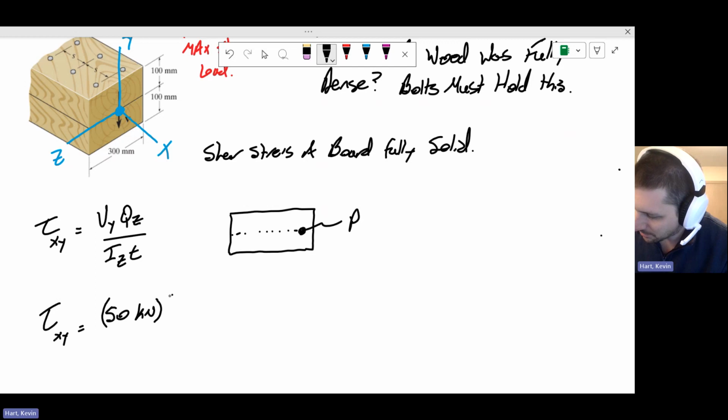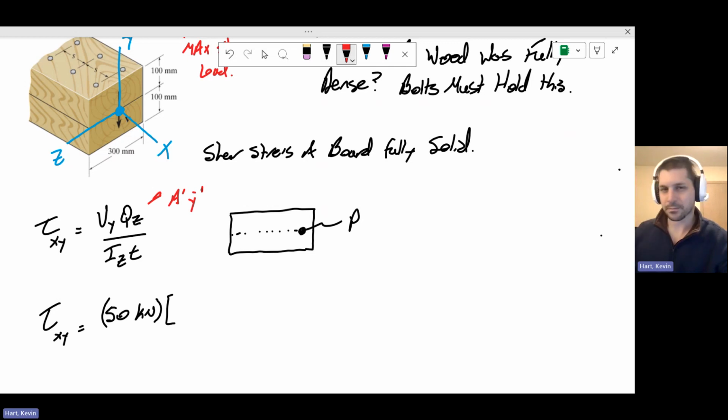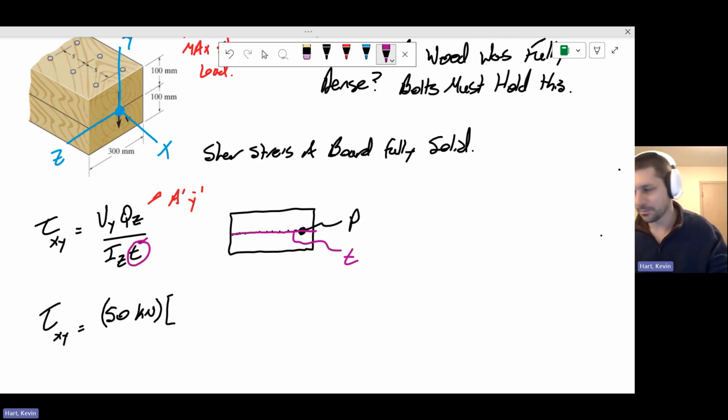Next, Qz. Remember, Qz is A prime times y bar prime. In order to calculate Qz, we're going to make a line across our piece at the point of interest right here. This line defines the variable little t, the thickness. That's the same as this little t here.